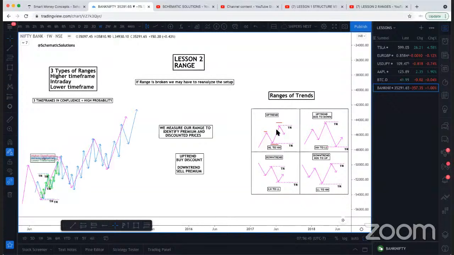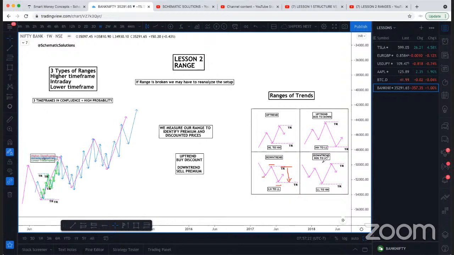So our range is always going to be from the higher low to the higher high in an uptrend. The reason why we say higher low to higher high is because of how we measure the range a little later, so just keep that in mind. It's not higher high to higher low, it is higher low to higher high. So now for our downtrend, we are creating lower lows, lower highs, lower lows. Our trading range will always be from our lower high to the lower low.